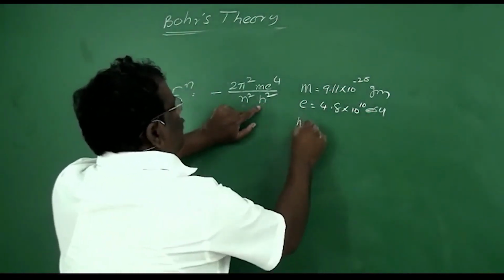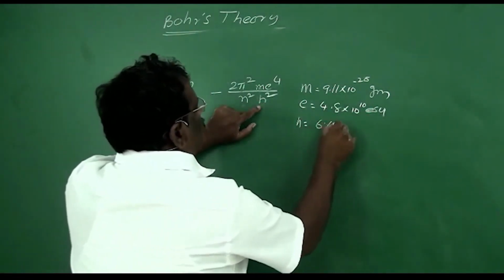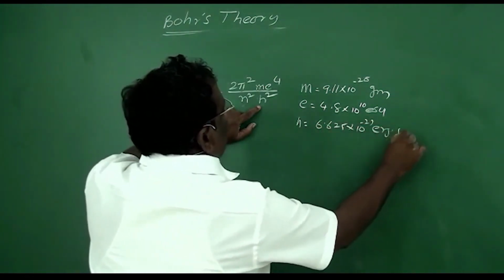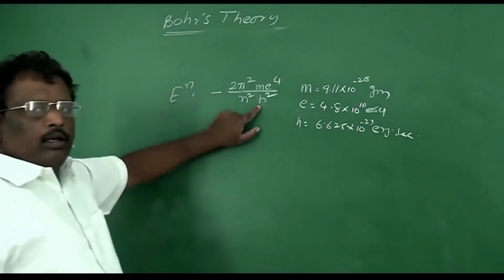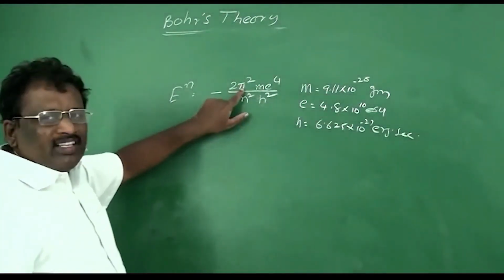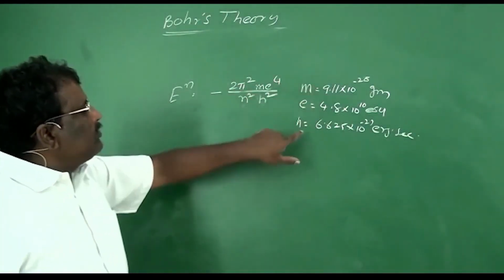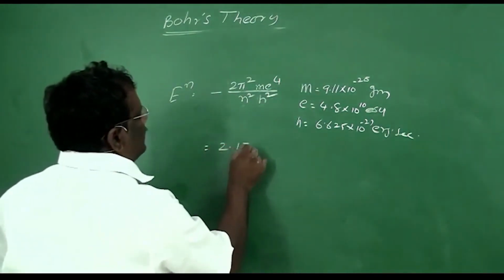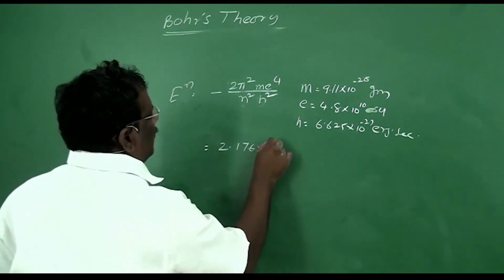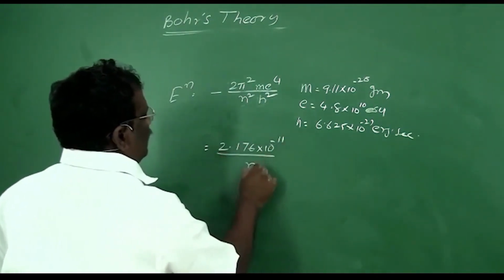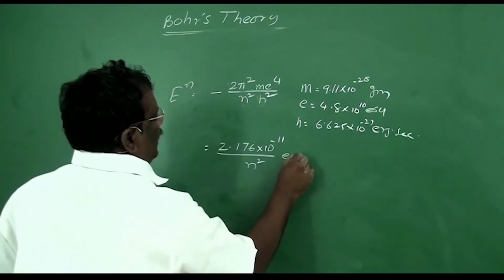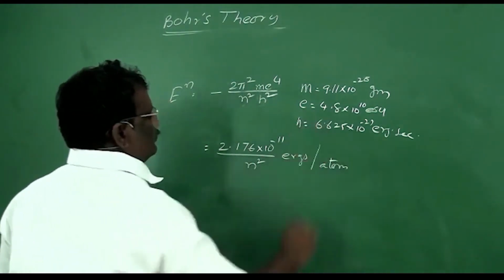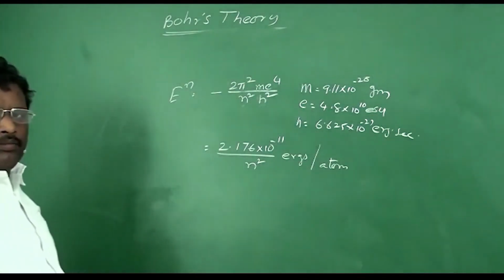Whereas h is Planck's constant, 6.625 into 10 to the power minus 27 erg second. Pi is 22/7. By substituting all these values, we get minus 2.176 into 10 to the power minus 11 by n square ergs per atom.